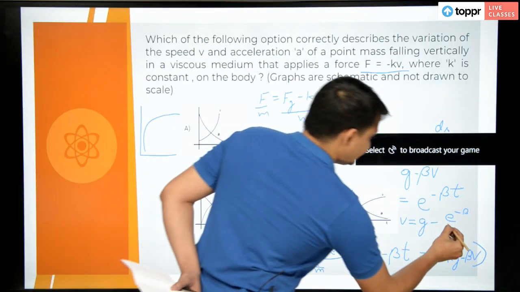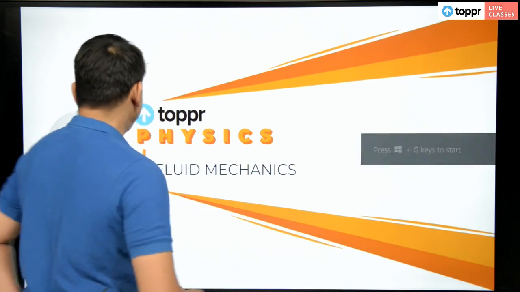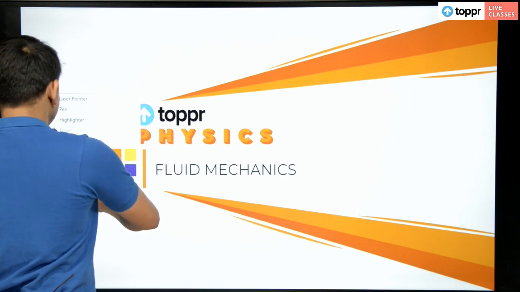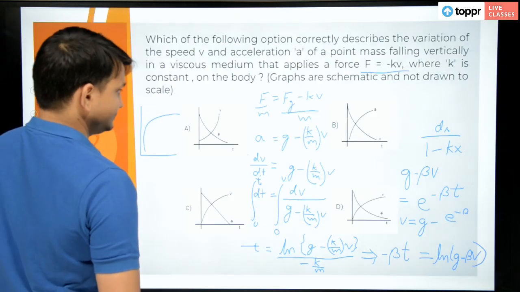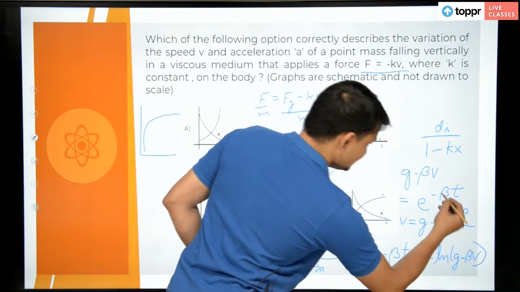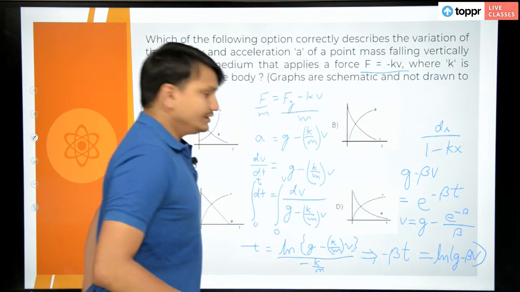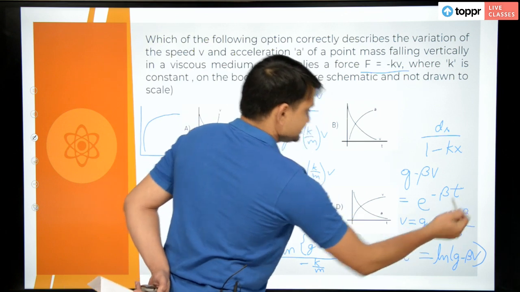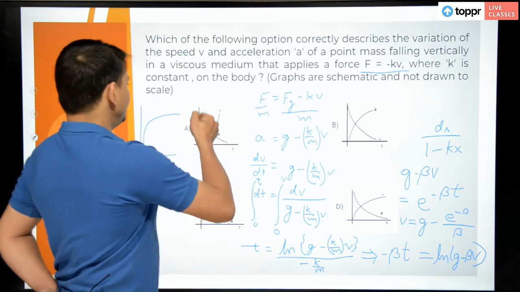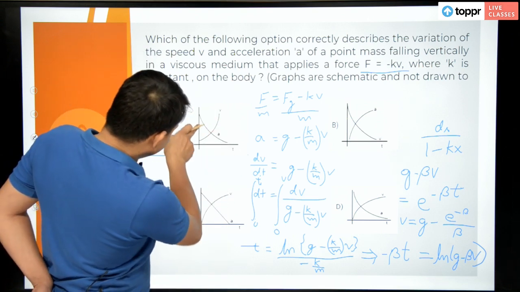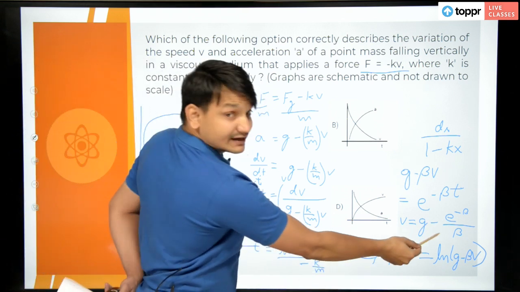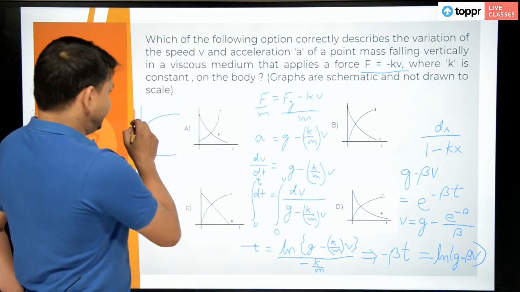Yeah, it's beta. So, this is a reverse form of e to the power x, e to the power minus x, meaning e to the power x would go something like this graph here, but we have something like this because it is negative here. So, that is our velocity graph.